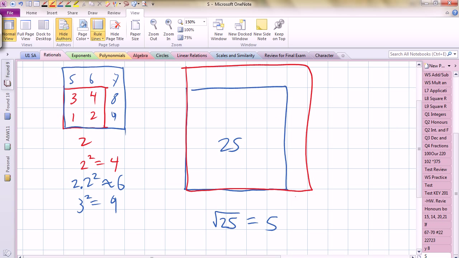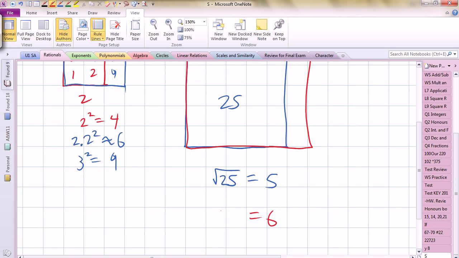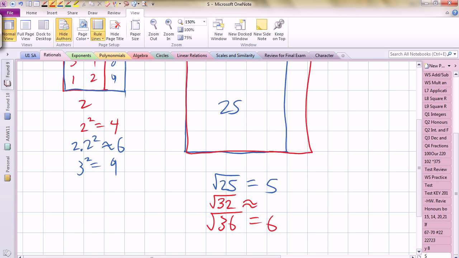So now I have 6. How many squares do I have? 36. So what do you think if I had square root of 32? What would be the approximate answer? What's the approximate root? How far apart are those two numbers?